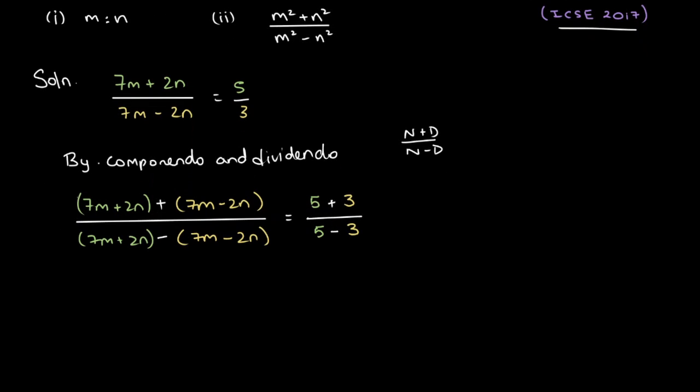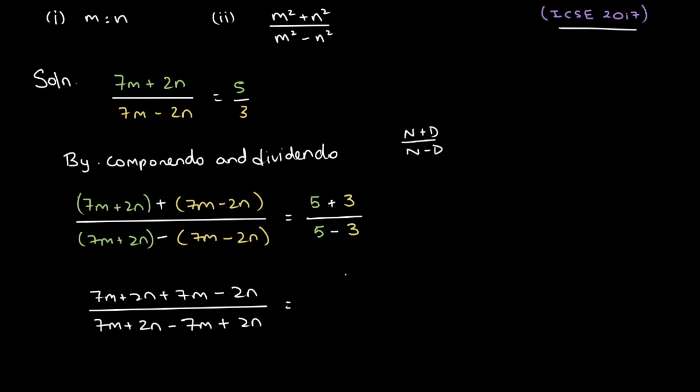Let's simplify this further. Now on my numerator I have 7m + 2n + 7m − 2n, on opening of the brackets. In the denominator I have 7m + 2n − 7m + 2n, because taking the minus sign inside, this becomes minus, and the next minus 2n becomes plus. On the right hand side, 5 plus 3 makes it 8, 5 minus 3 makes it 2.